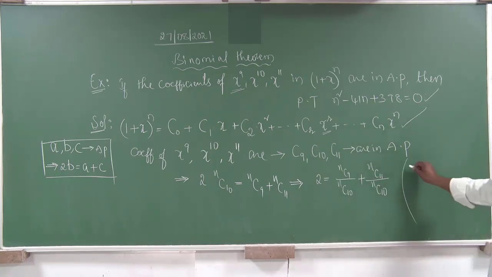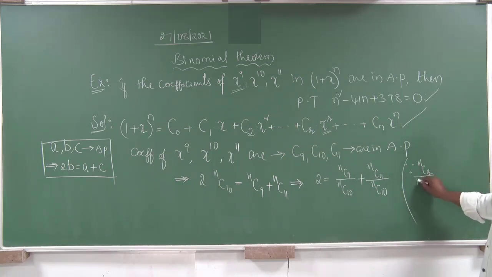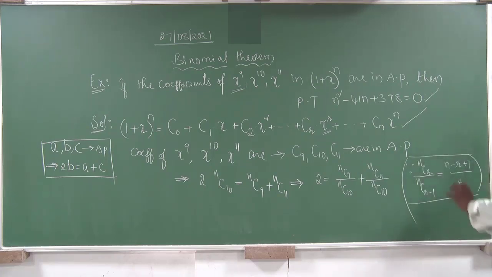Now listen, we have already given the formula: nCr by nC(r minus 1) is equal to (n minus r plus 1) by r. This is the formula. Based on this formula, how can I apply it to this value?